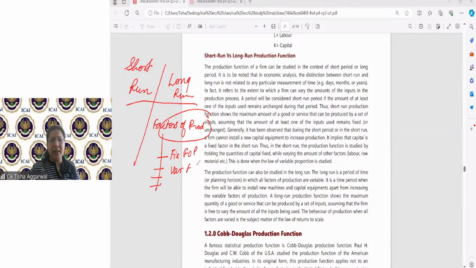Let's demarcate it into 2 parts simply. Variable factors of production are those which change with the output. Fixed factors of production are constant with the output.